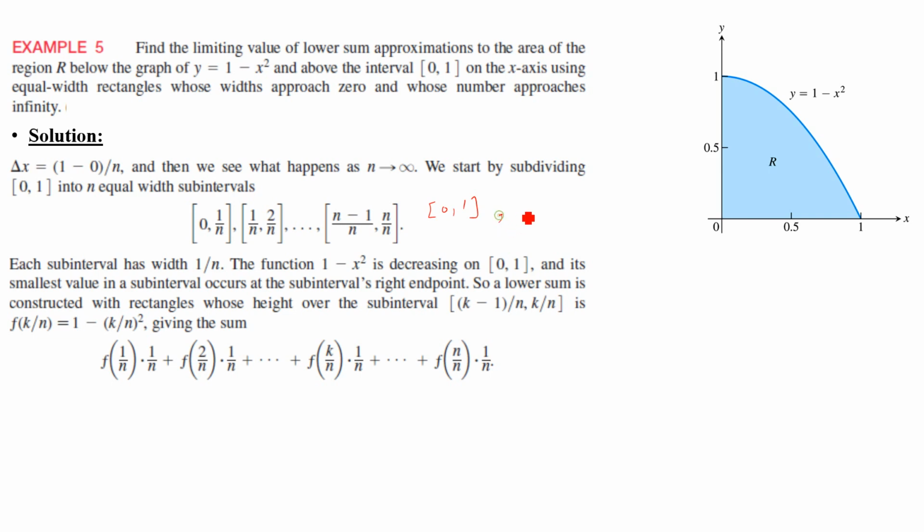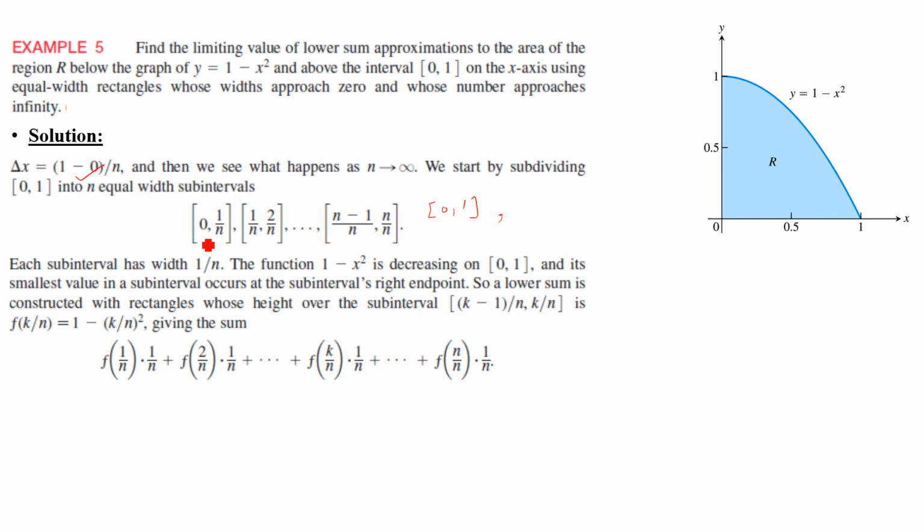So if we have n subintervals, what will be the length of the interval? As I told you, b minus a over n. So b here is 1, a here is 0, so this is delta x, 1 minus 0 over n.